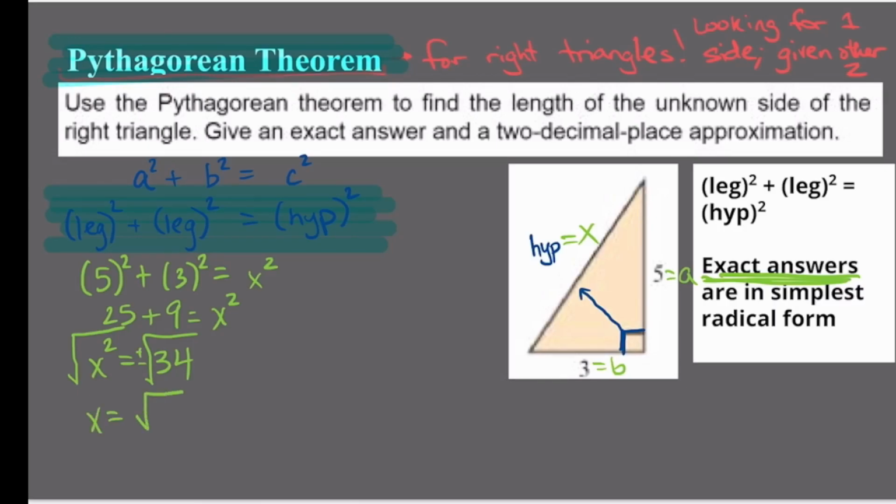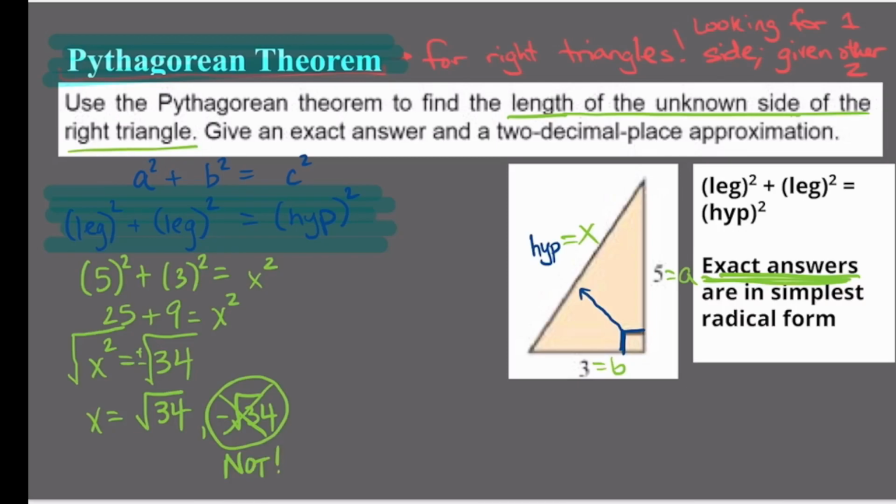You get positive radical 34, and you get negative radical 34. For this specific problem, since we're looking for the length of a side of a triangle, it does not make sense to have a negative answer. So we are not going to use that.